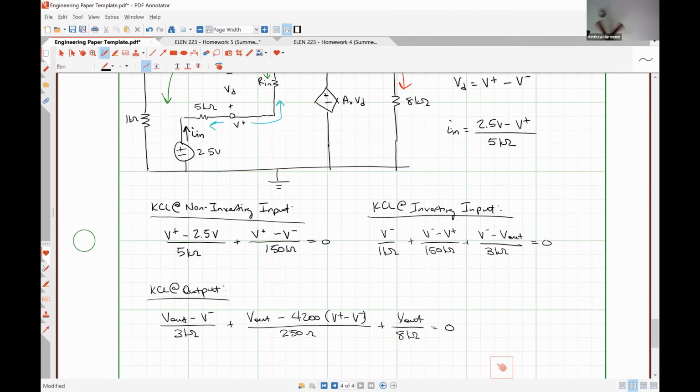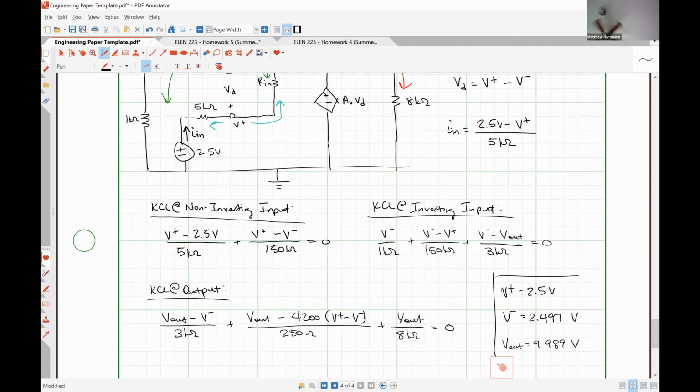All right, so I got, oh crap. The plus is 2.5 volts. The minus is 2.497 volts. And the out is 9.989 volts.